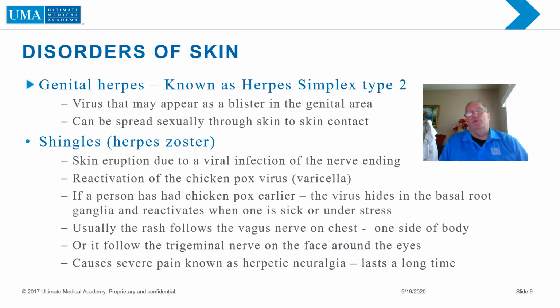Here we have another form of herpes. This is called simplex type 2. It's connected to the genitalia and it's sexually transmitted. The thing about this particular type of herpes, and both of them, is that they can be triggered by stress. If an individual goes through stress, the herpes can become quite active, but it can lie dormant for years as long as the patient is not in a stressful or high-anxiety state.